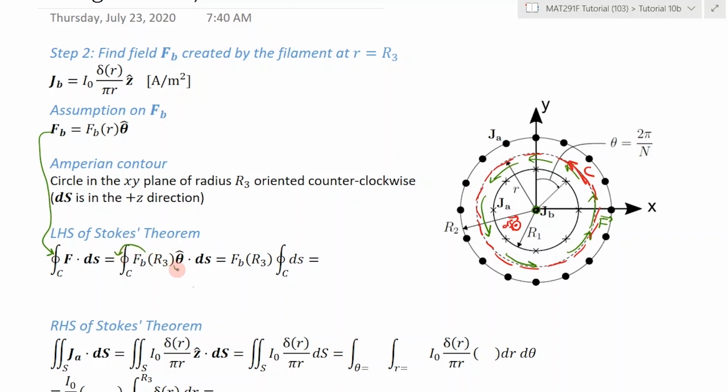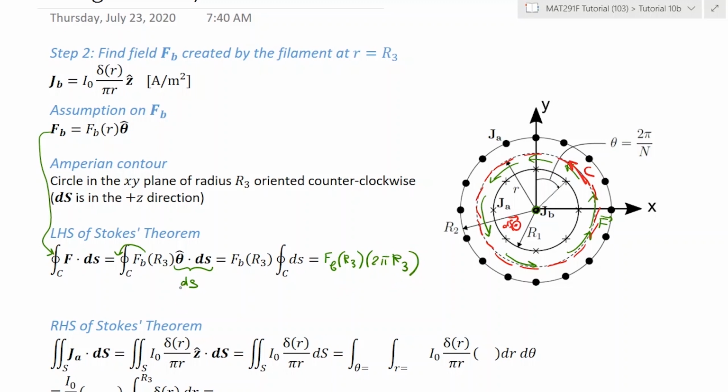I also realized that theta hat dotted with ds is equal to scalar ds, since they're in the same direction. And then this is what was left, and this is equal to fb at r3 times 2 pi r3.